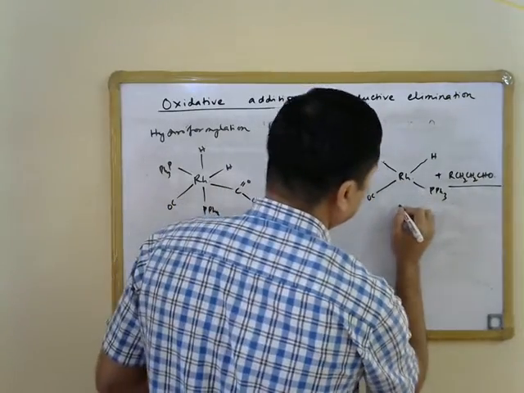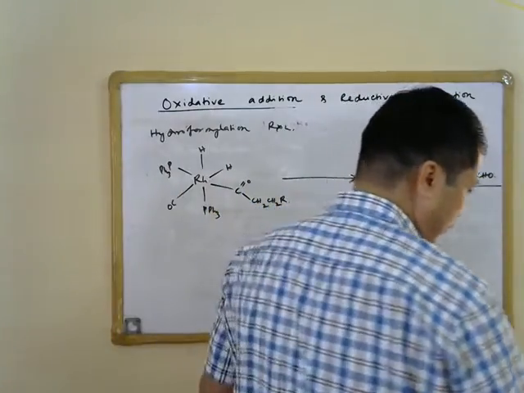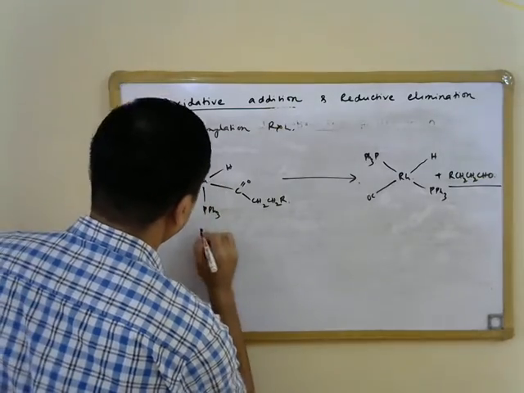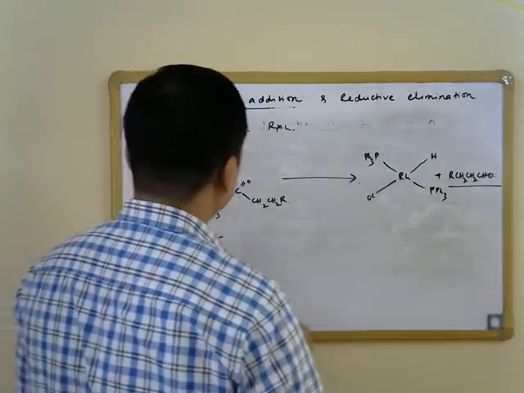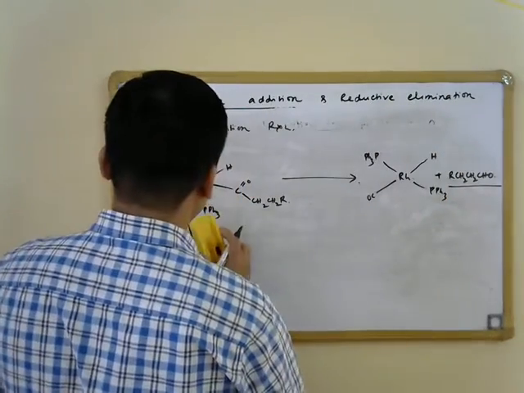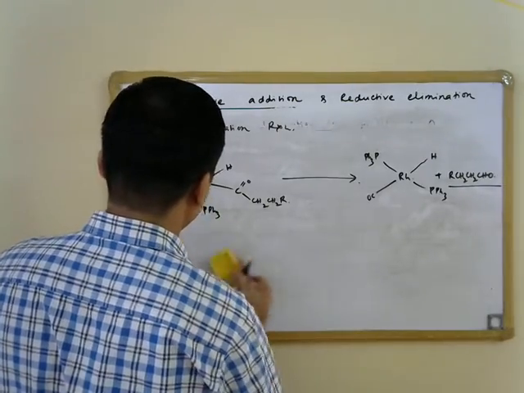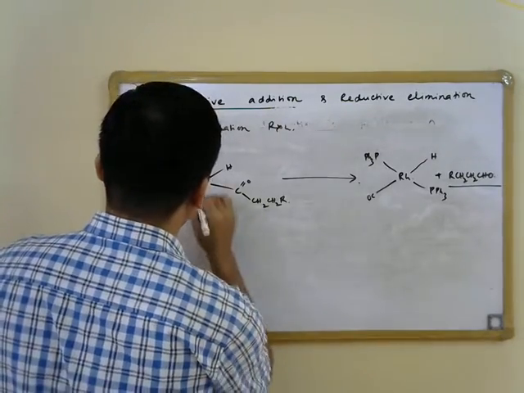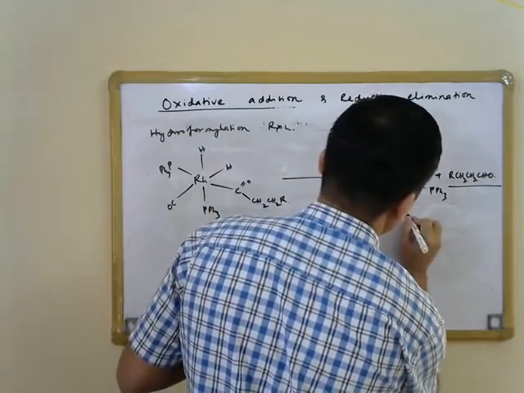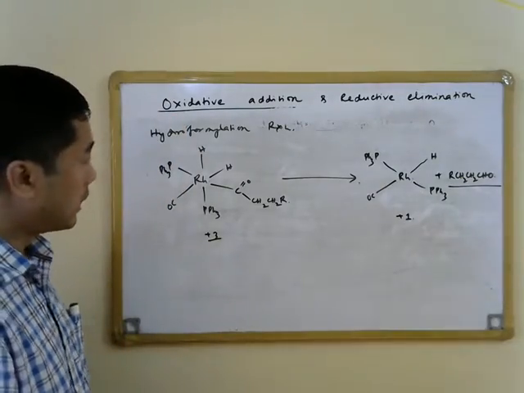We see the rhodium oxidation state here: we started with +3 here, and here it is +1. So reductive elimination reaction has essentially taken place here.